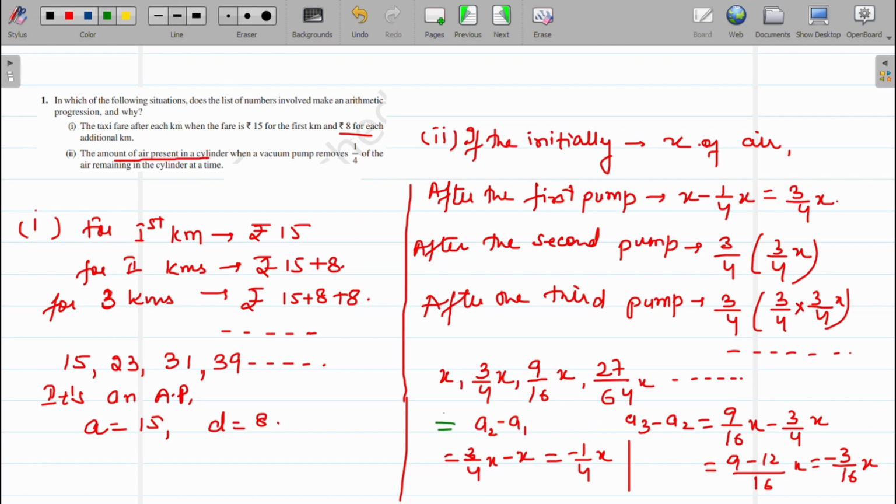So it is not an AP. Of course, it's a sequence, but not an arithmetic progression, right?